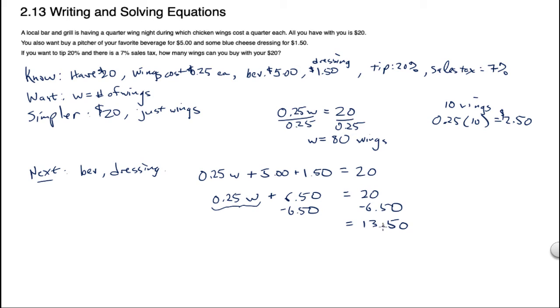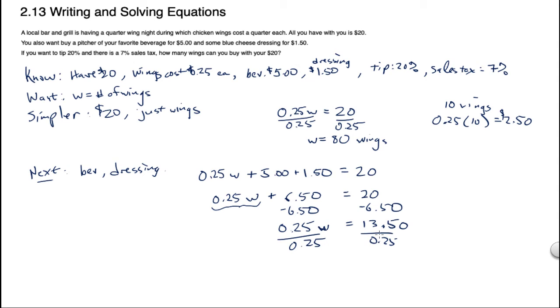If I make a mistake here, feel free to say something in the comments. Just let me know. I'll probably have to fix it. But I'm liable to make a mistake. This is the nature of the beast here. So now we've got 1/4 times W equals 13.50. Now we divide both sides by 0.25, just like we did before.